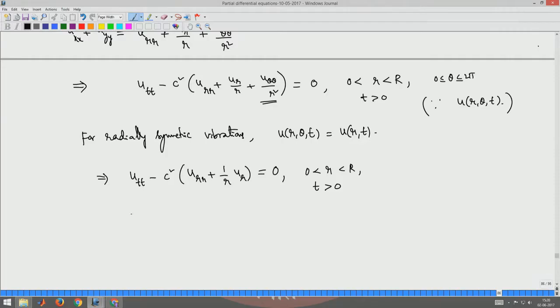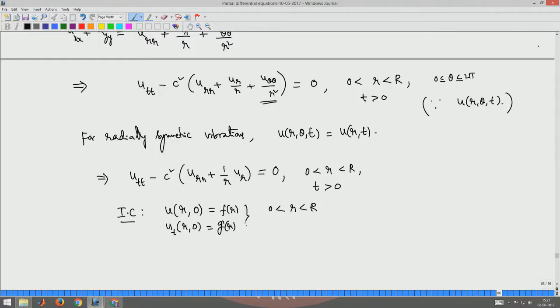Now, what happens to the initial conditions? This is the equation. So, you have the initial conditions at t equal to 0 for all r. So, u of r, 0 equals f of r when r is between 0 and R. Similarly, u t at r, 0 is g of r.